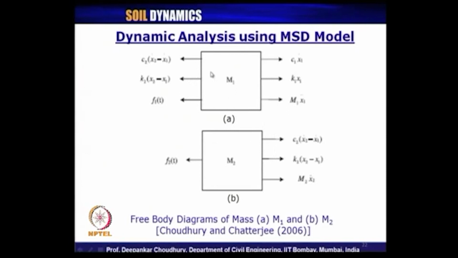So, these will be internal forces balancing each other, and F1(t), the externally applied dynamic load on this component, will be acting in this direction. Fine. So, with this basic model, it can be further extended to compute the dynamic earth pressure acting on the wall.